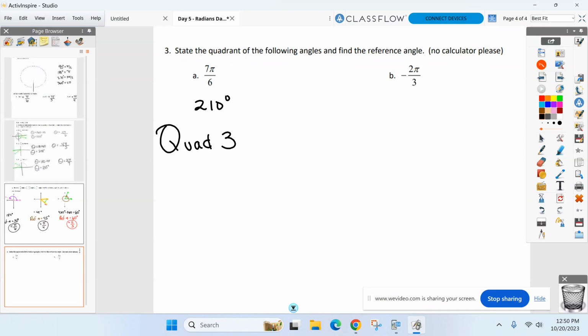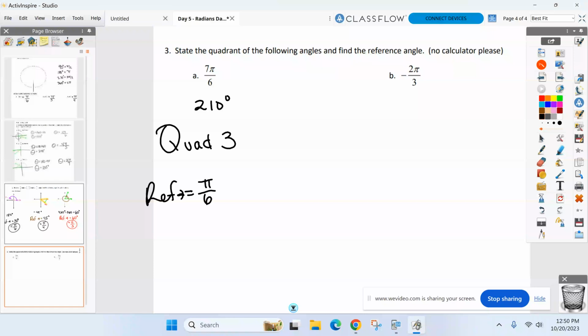What do you think the reference angle is going to be? What did we just multiply by 7? 30. Pi over 6, or 30 degrees. But remember, if my original question is in radians, so is my answer. So pi over 6. And I'm going quick because that's what I'm trying to teach you today.